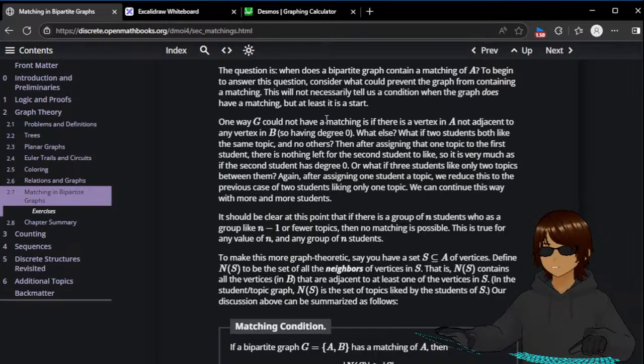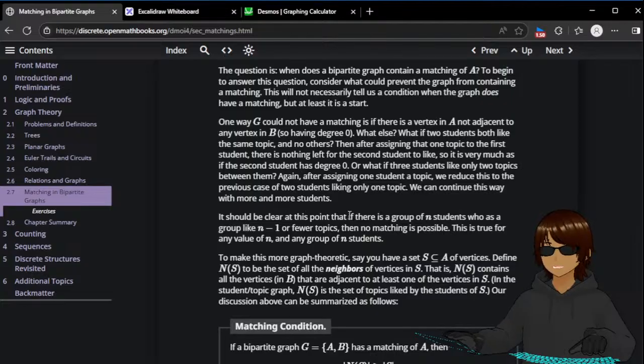What else? What if two students both like the same topic and no others? Then after assigning that one topic to the first student, there's nothing left for the second student to like. So it is very much as if the second student has degree 0. Or what if three students like only two topics between them? Again, after assigning one student a topic, we reduce this to the previous case of two students liking only one topic.